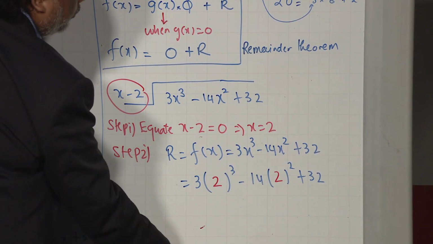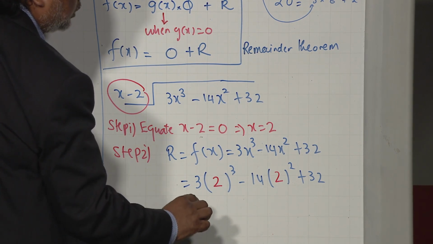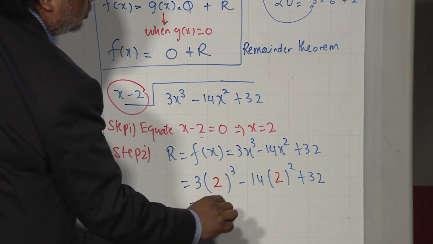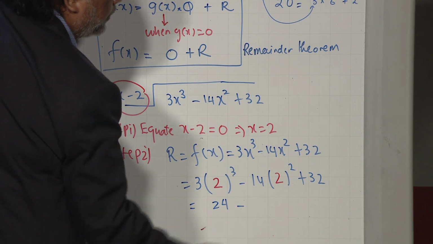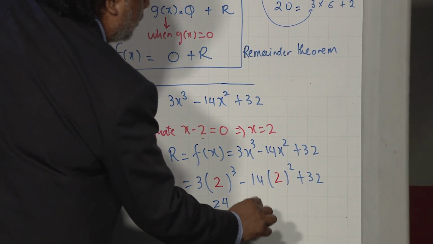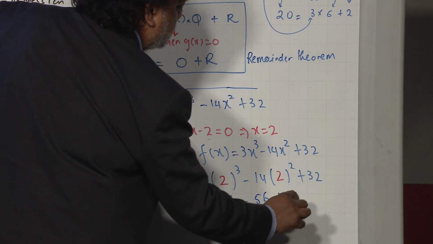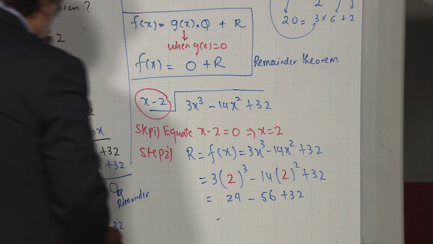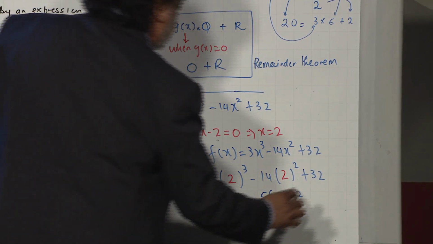So if you calculate that, this gives us 24, 56 plus 32. So this gives us 0.